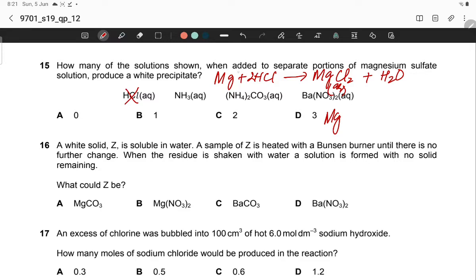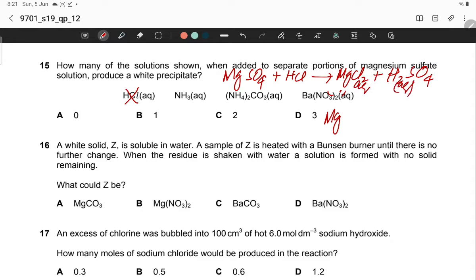Magnesium sulfate plus HCl forms magnesium chloride plus MgSO4 plus H2SO4. This is aqueous solution, this is again aqueous.